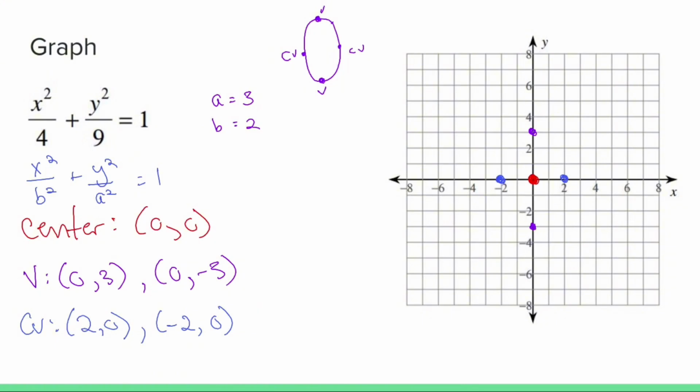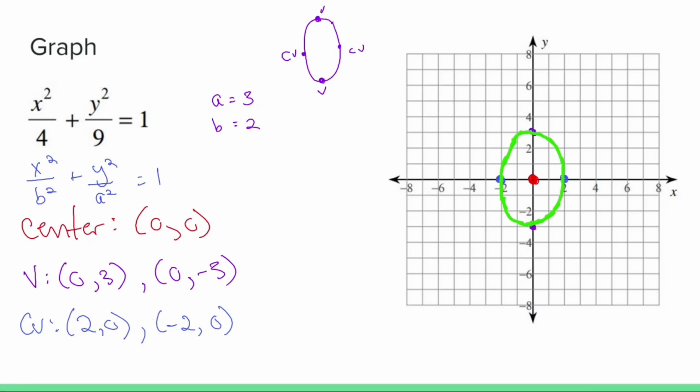So let's try to draw this out to the best of my ability, which I'm really bad at. It's an ellipse, so you're looking at an oval shape. Something that looks a little something like this, like a little potato. Started out weak, ended up strong. Look at that. So that's my ellipse.